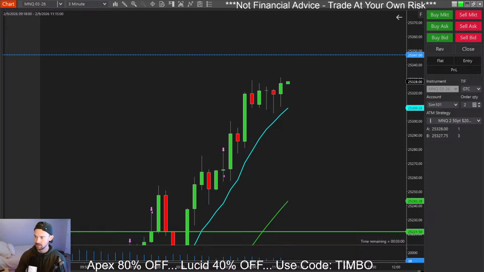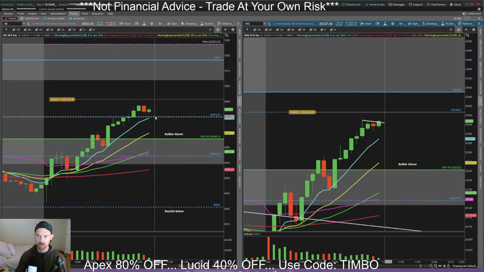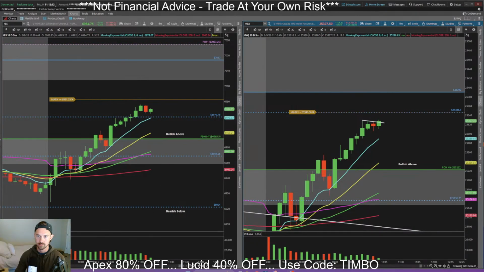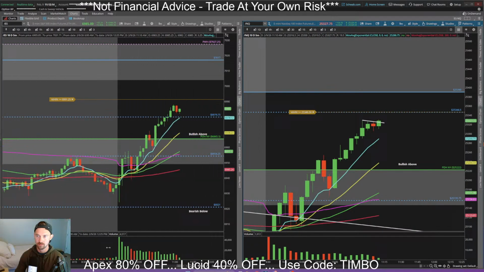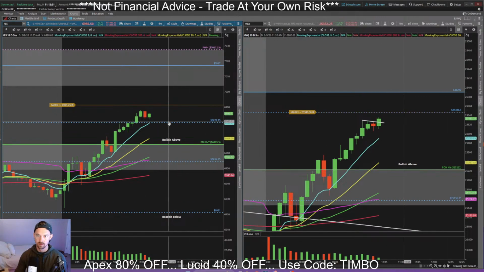I just want to see a little bit deeper of a pullback there, but at least see ES. I was hoping to see ES retest this overnight high here, but sometimes they don't do the full retest of the level if it's too strong.